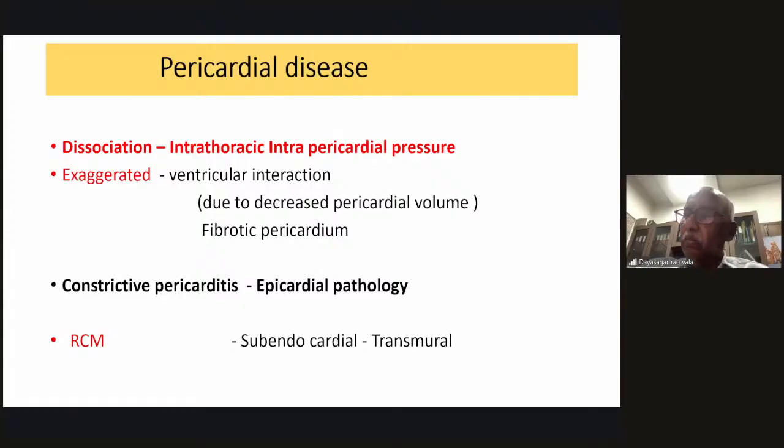So in restrictive cardiomyopathy, the first abnormality to occur is in the longitudinal function of the left ventricle. This we can evaluate by tissue Doppler, which we'll come back to. Whereas in constrictive pericarditis, there is preservation of the subendocardial function, and thus the longitudinal function is preserved. Sometimes it is even exaggerated to compensate for the epicardial abnormality that is present in constrictive pericarditis. Can I have the next slide?